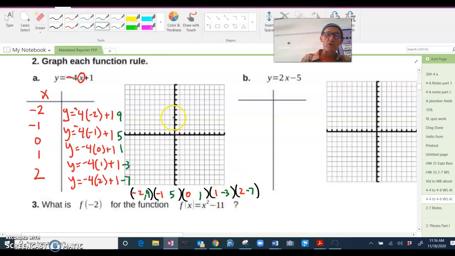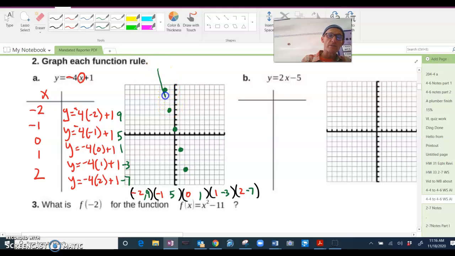So the ordered pairs are looking like this: (-2, 9), (-1, 5), (0, 1), (1, -3), and (2, -7).